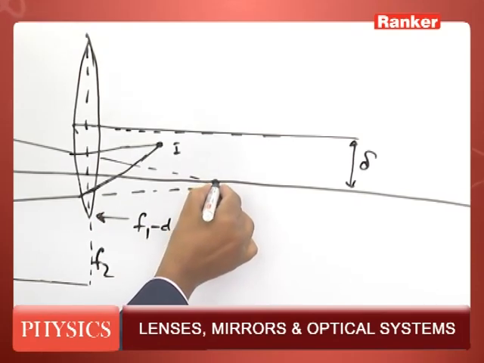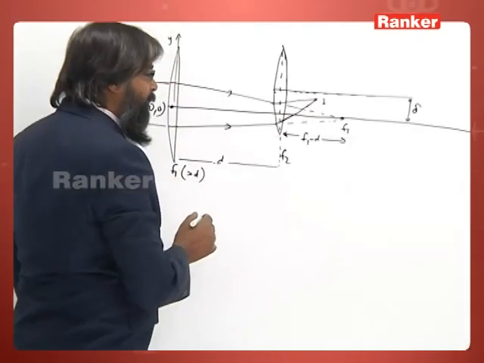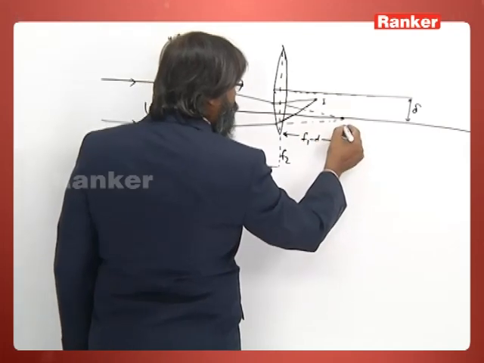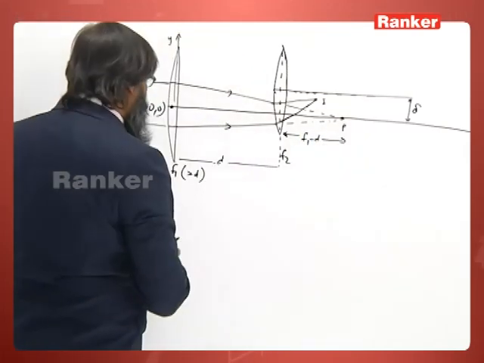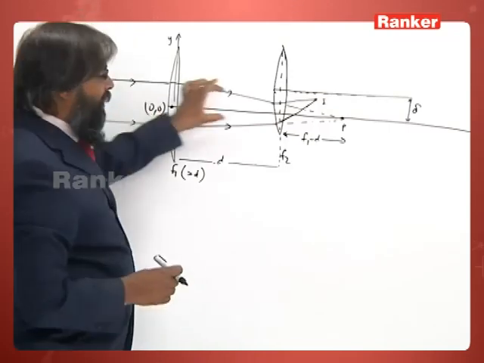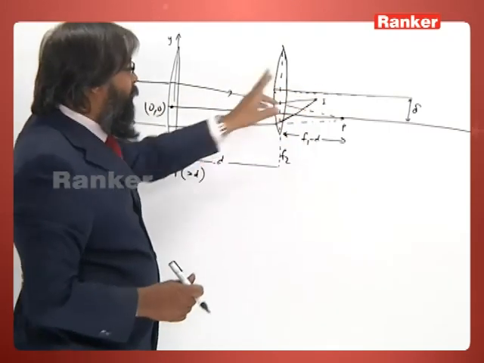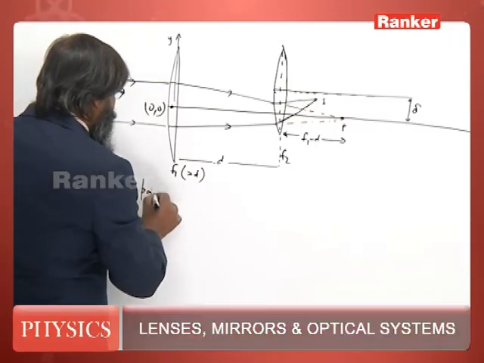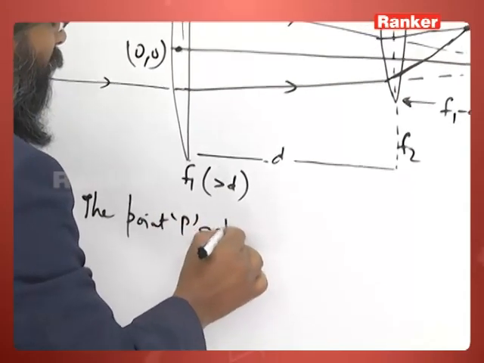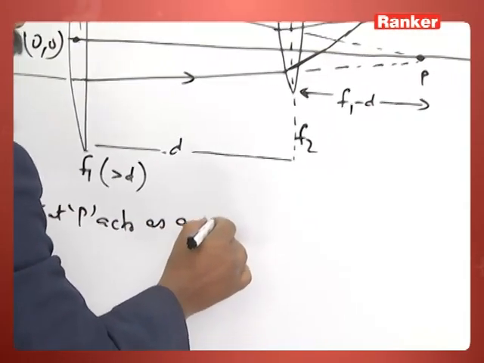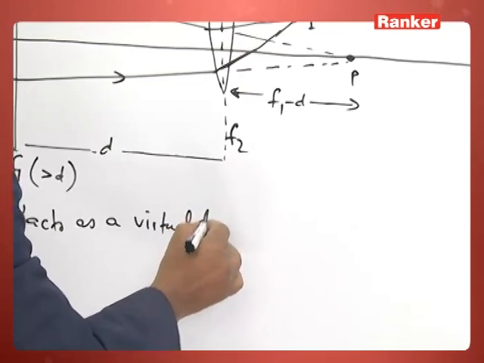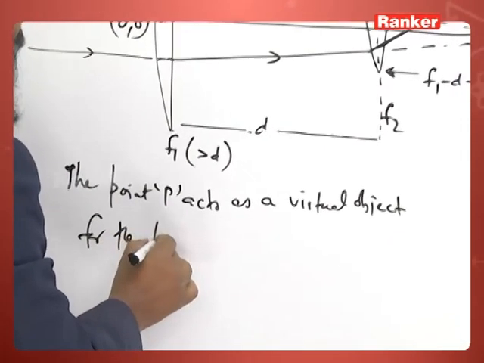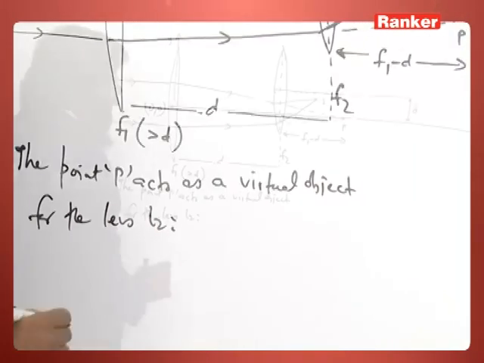This total distance is f1, let this point be called P. So the point P where these parallel rays should have converged acts as a virtual object for the lens L2.